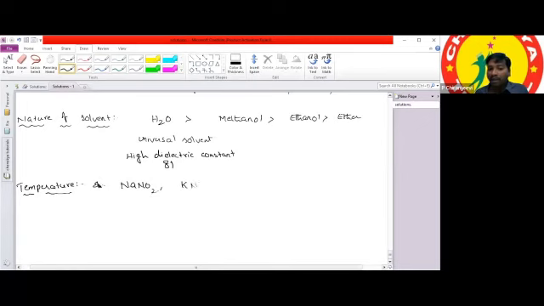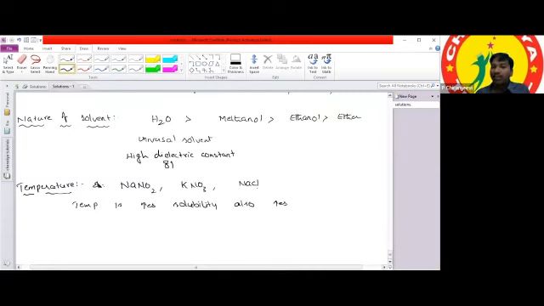And potassium nitrate, KNO3, and salt, NaCl, are only partially soluble at normal temperatures. If the temperature increases, their solubility also increases.